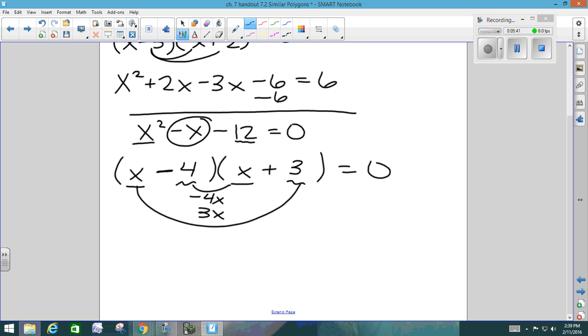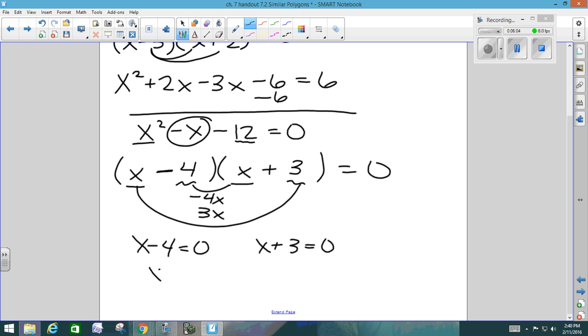Zero product property. Something times something equals 0. So then one of these has to be what? If you multiply two things and get 0, one of them has to be what? 0, right? So what you do is you set the expression on the inside equal to 0 to find out when that happens.